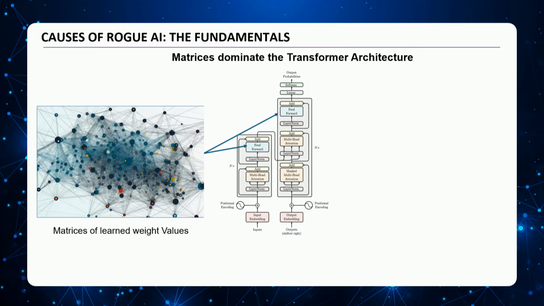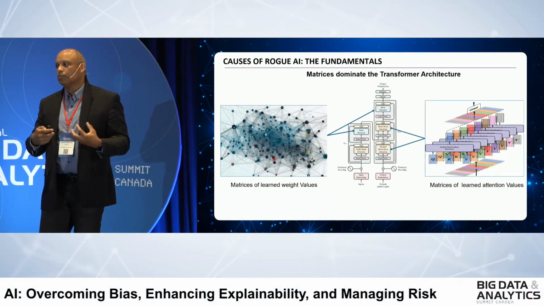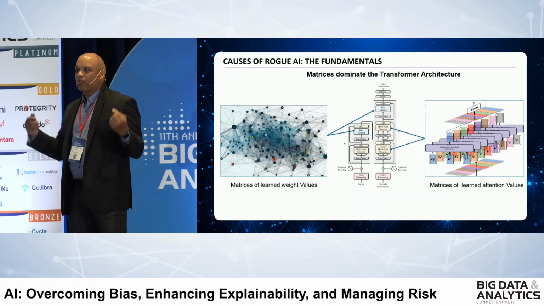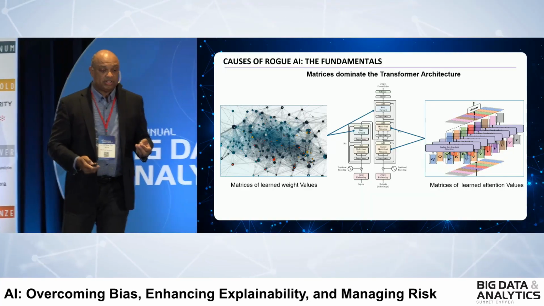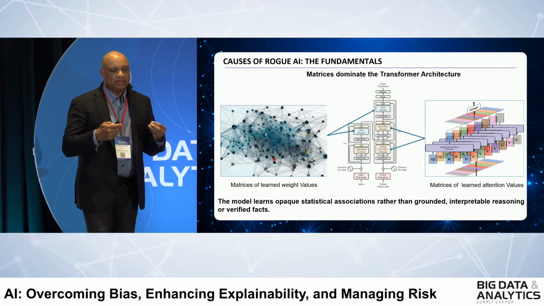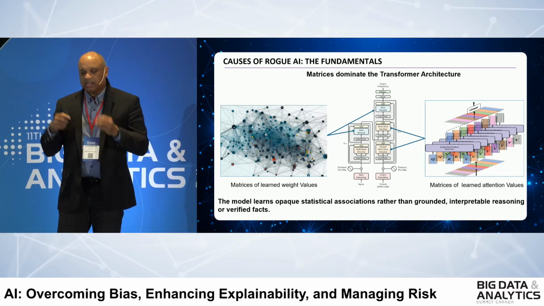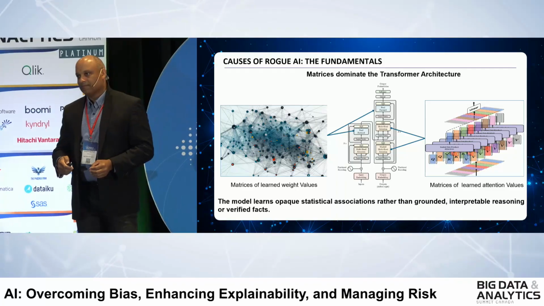These matrices occur in different parts of the architecture, but there's no clear rule base, no database of facts that you can program or that can be learned by the architecture. All of the knowledge within this model is essentially statistical associations rather than grounded, interpretable reasoning or verified facts. In other words, it's a bunch of numbers.